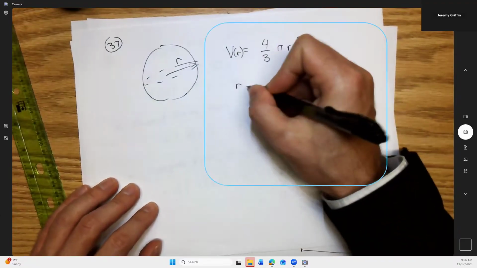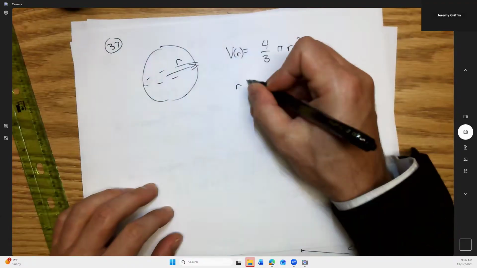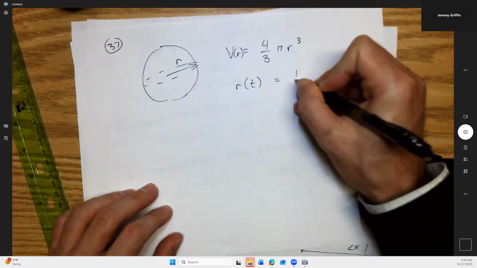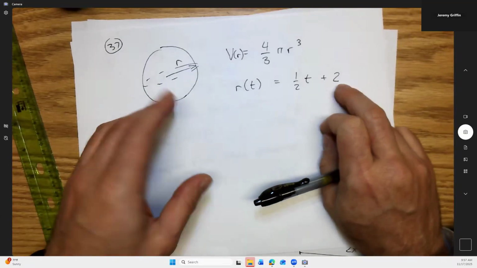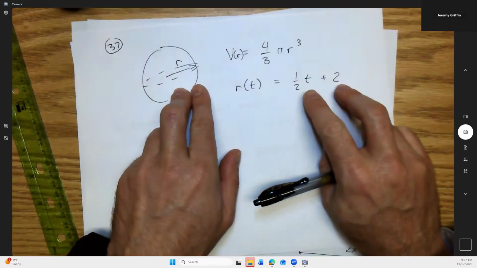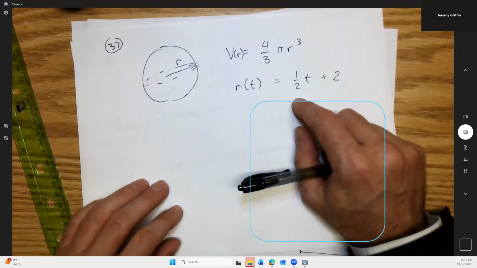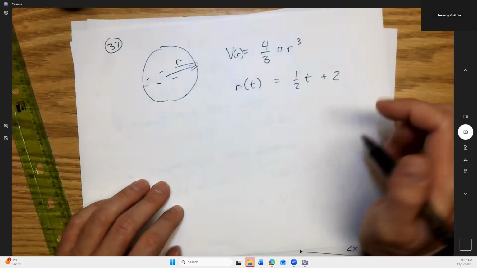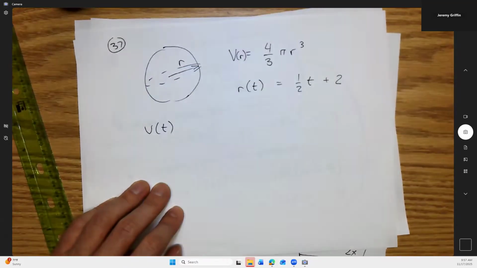But they're also pumping this up. We've got radius as a function of time is 1/2 t plus 2. So maybe at time 0, it was already 2 meters large, and then as time is passing, every second we're increasing that radius by 1/2 meter. So the question is, what is volume, not as a function of radius, but as a function of time?